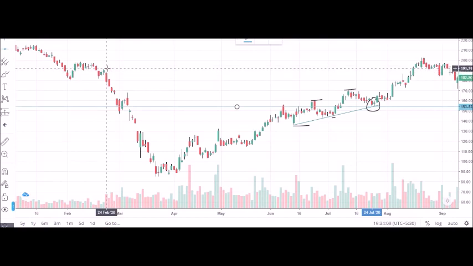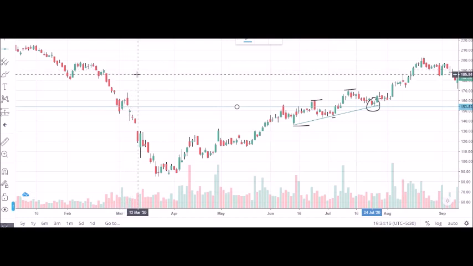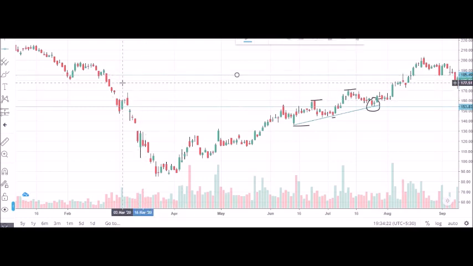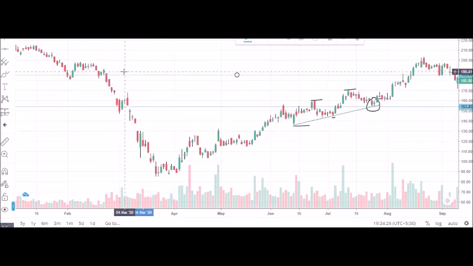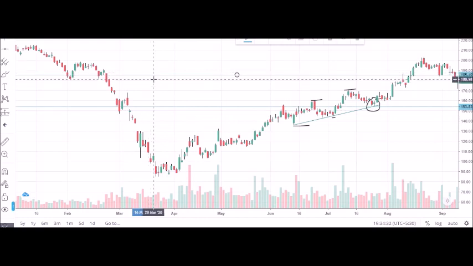While setting the target also, it is always preferable to keep a buffer of around 0.2 or 0.4. So somewhere here we'll keep it, to be on the safer side, because the chances are the candle comes near this and rebounds. So it's always better to keep a buffer so that we'll be on the safer side.